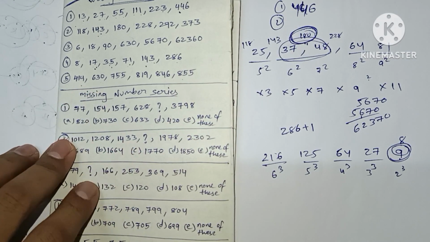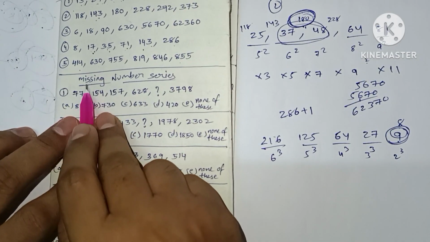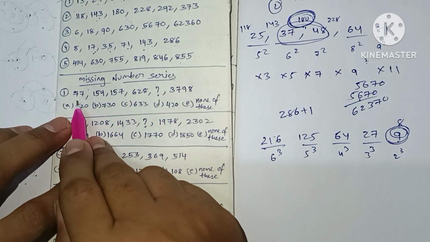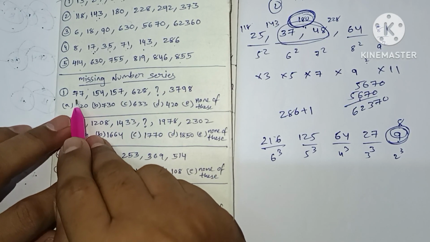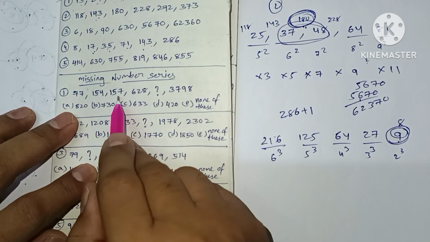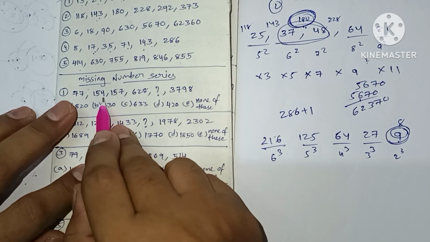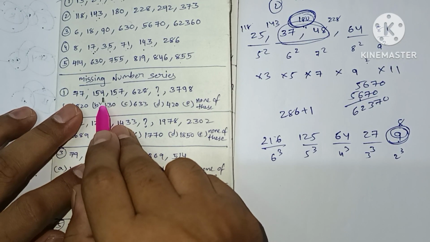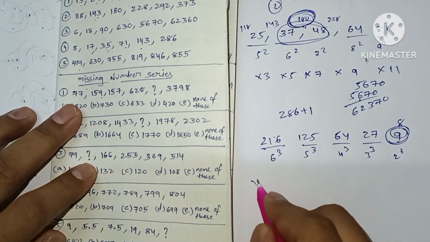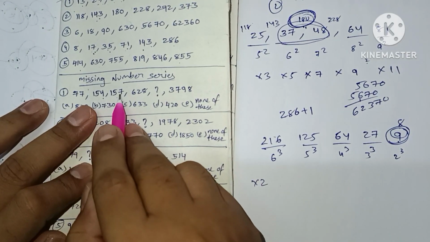Last one. Okay, now we are going to see missing number series. First question: 77, 154, 157, 628. These numbers are slightly varying. 77 times 2 is 154. Then plus 3.